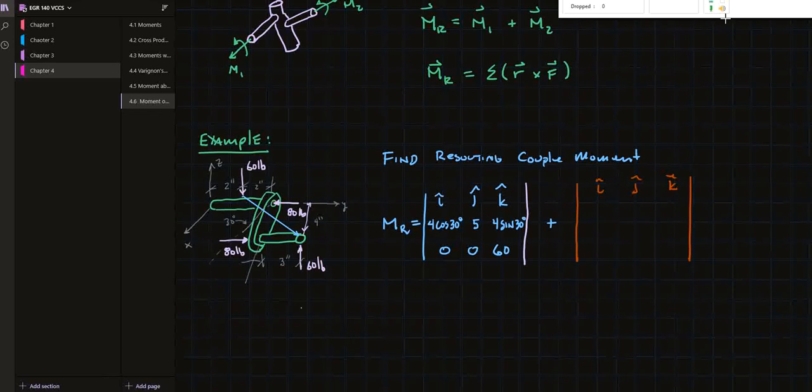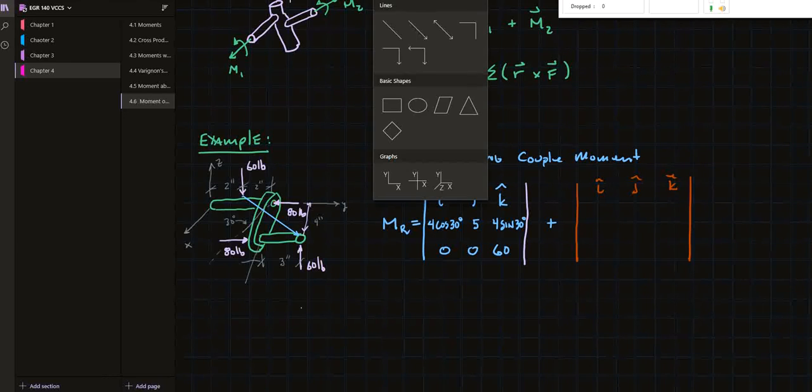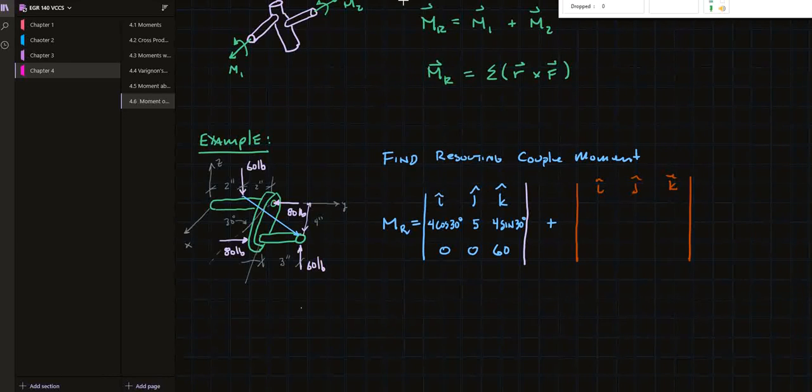So in the x direction, I'm going positive. First off, let me show you where we're going to shoot this. We'll shoot from here down to here. I know the magnitude of that is 320 pound-inch. But let's set that up in a vector.